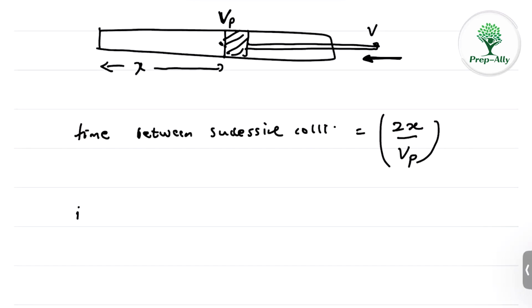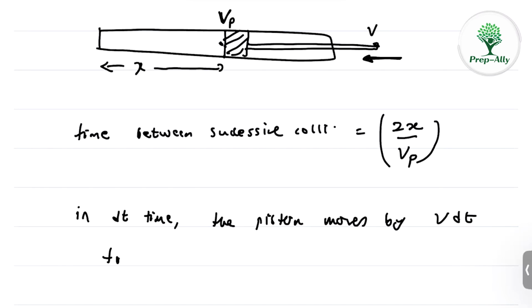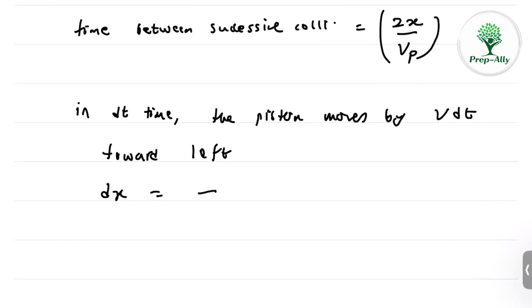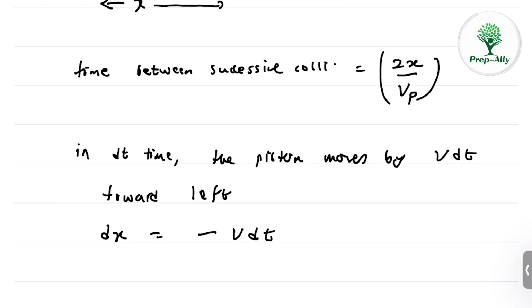Now, let's say in dt time, the piston moves by v dt towards left. So what is the change in x? Change in x is minus v dt. Why?